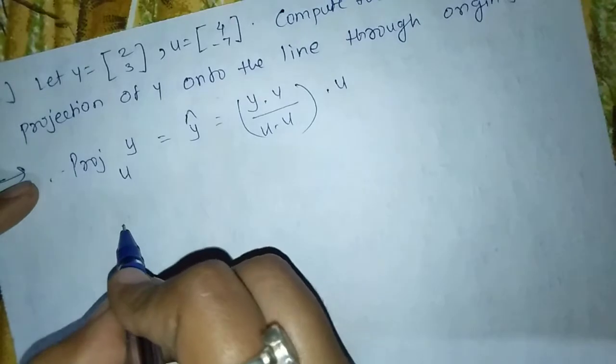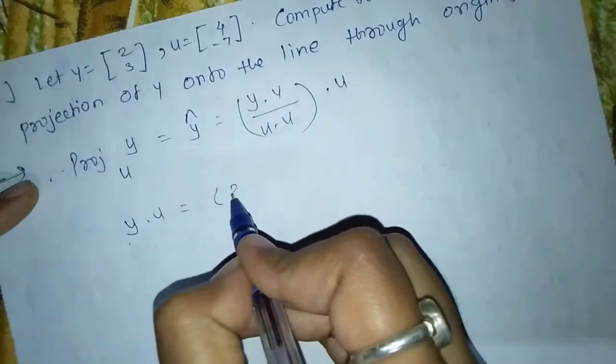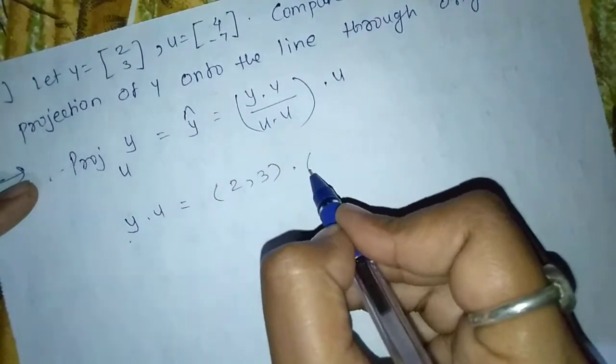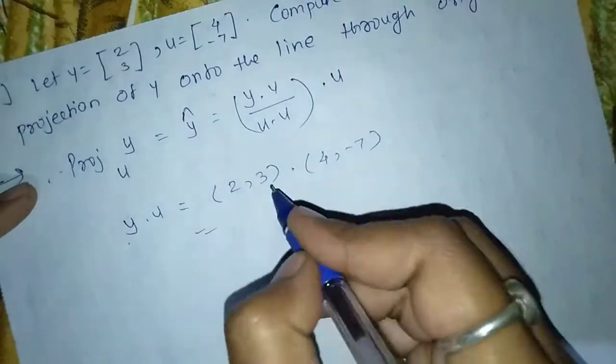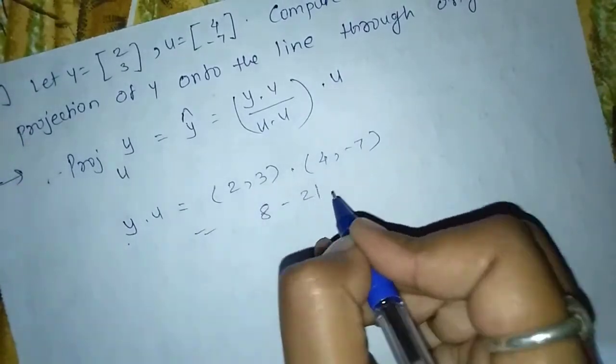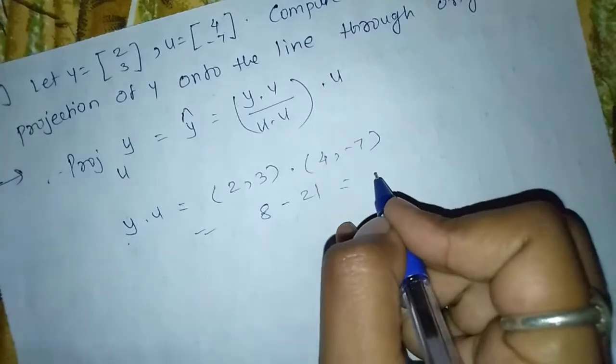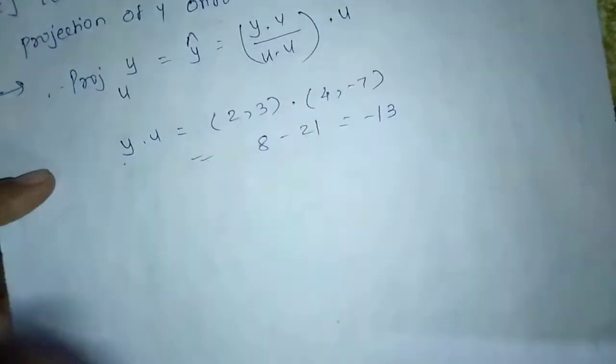First calculate y dot u, which is (2, 3) dot (4, minus 7), equal to 8 minus 21, which is equal to minus 13.